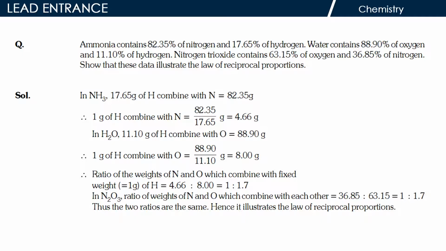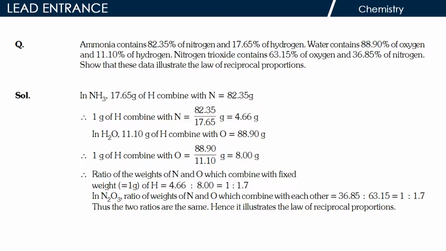In water, 11.10 gram of hydrogen combined with oxygen equal to 88.90 gram. Therefore 1 gram of hydrogen combined with oxygen equal to 88.90 divided by 11.10 gram, which is equal to 8.00 gram.